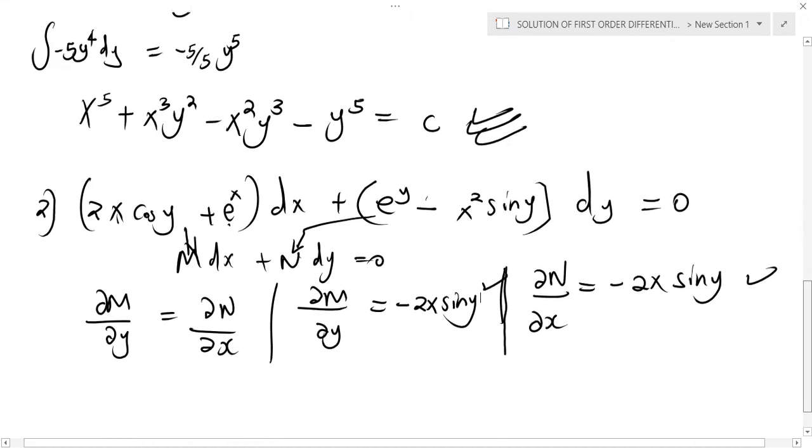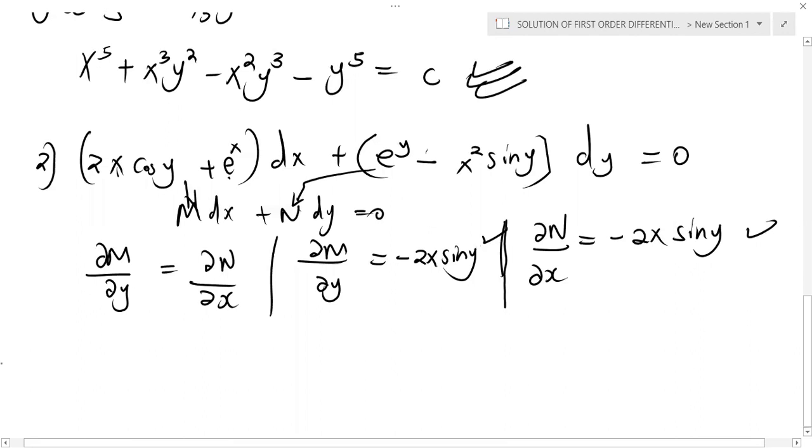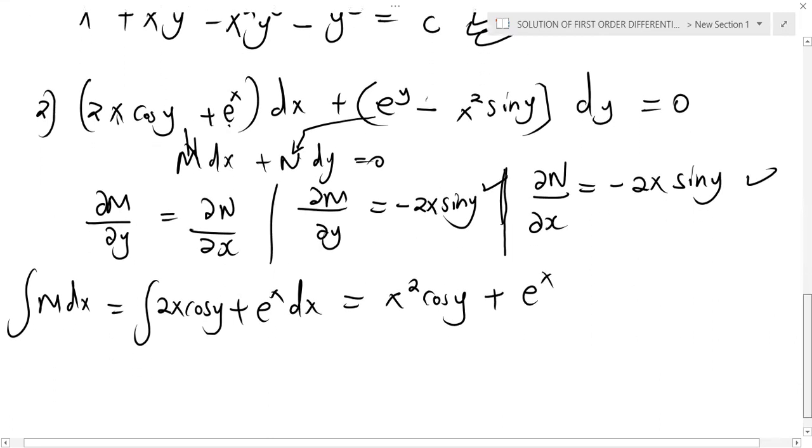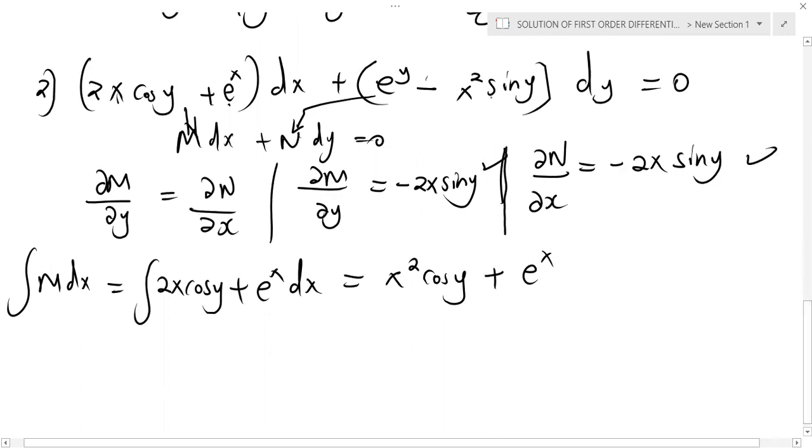Now, the procedure for solving: we take M and integrate it with respect to x. So the integral of 2x cos y + e^x dx. Integrating the first term gives x^2 cos y, plus the integral of e^x, which is e^x. Then we take the values of N that do not contain x. If you look at N here, this one has x, so it's only e^y that does not have x.